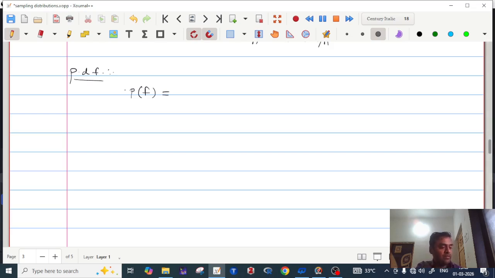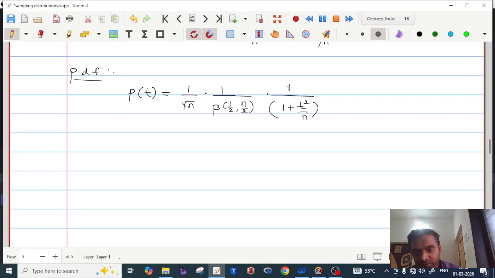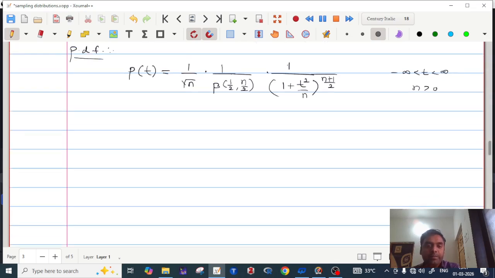It is defined as P of t, equal to 1 upon root n into 1 upon beta of 1 by 2, n by 2, multiplied by 1 upon (1 plus t square upon n) raised to the power n plus 1 upon 2. The range is minus infinity to infinity, and n is positive. This is the PDF of the t distribution.